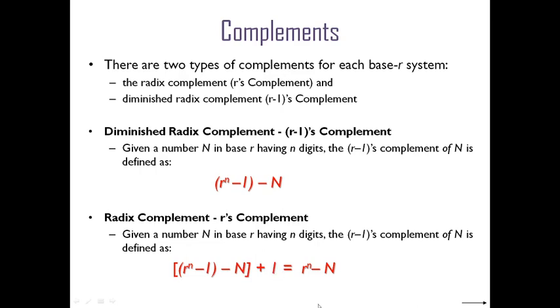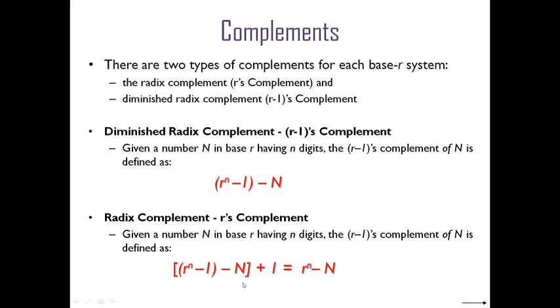That means here we will cancel this plus 1 and minus 1, so finally we will get R to the power n minus N. But if you observe, before this result, this portion is similar to R minus 1's complement.